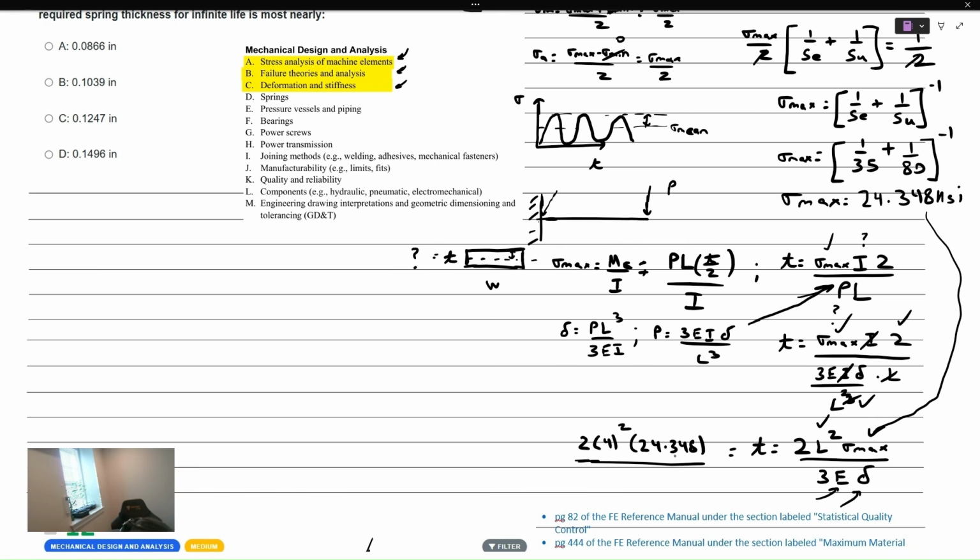In the denominator, we have a 3 times 10 cubed KSI, and the maximum deflection is 0.1 inch. So we have kip per inch in the denominator and kip in the numerator. We end up with a thickness in inches of around 0.087 inches, and that corresponds to answer choice A.